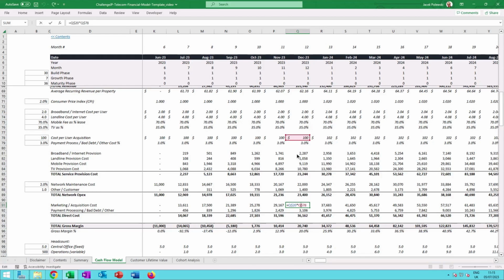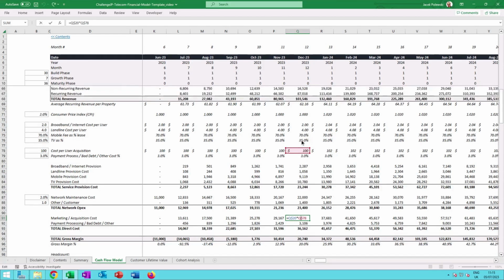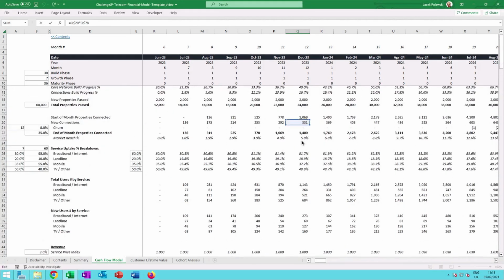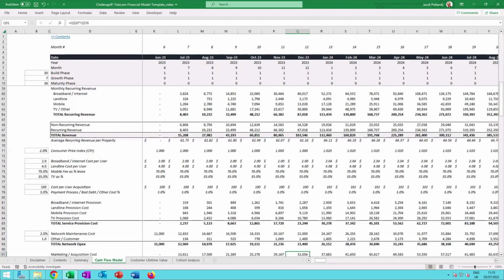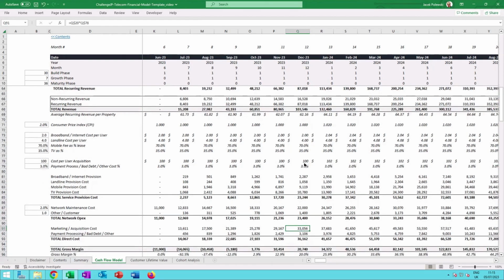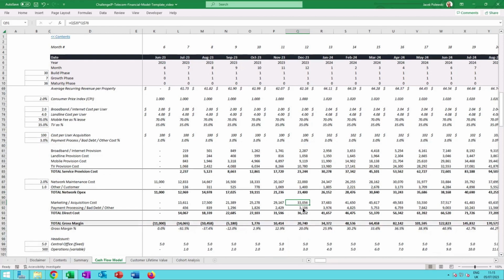So you just take that $100 number and multiply it by the number of your new connections. Okay, so we know that every new connection I bring online will cost me X dollars, or it can also be euros or pounds. You can change the currency to whatever market your model is addressing. So that's the calculation here.